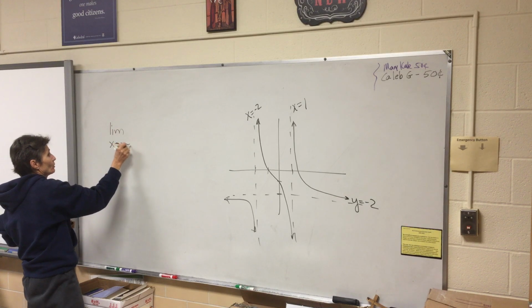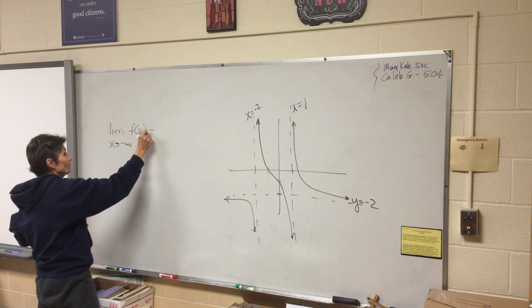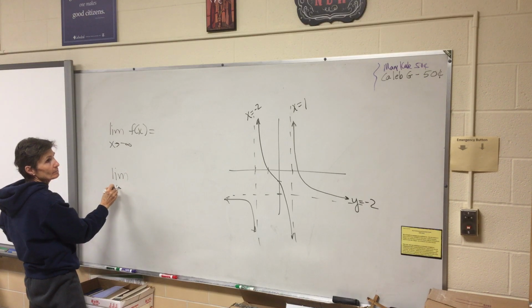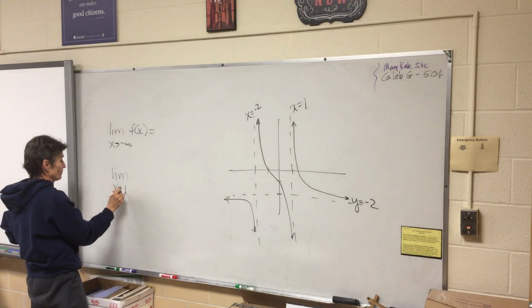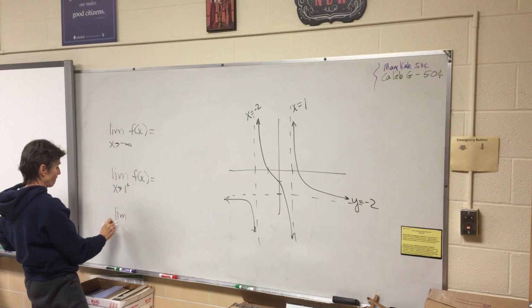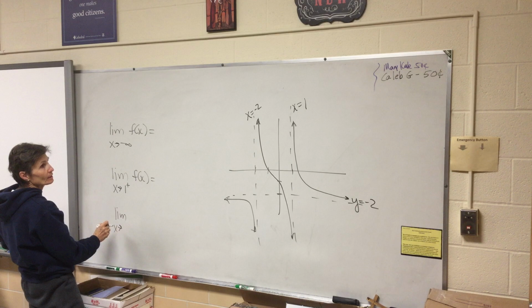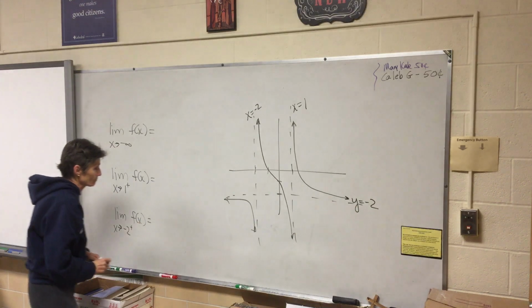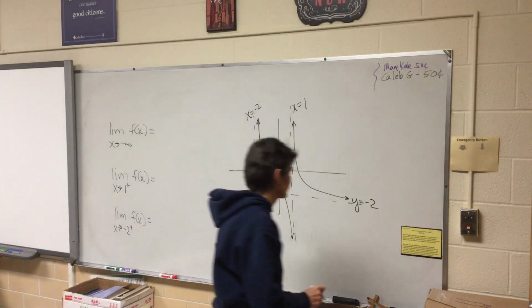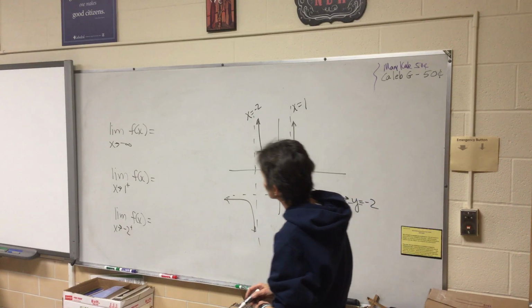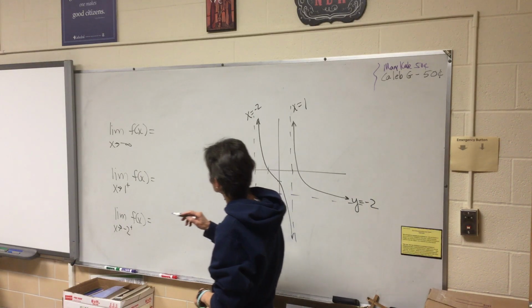So let's say we're going negative infinity. 1 from the right side and negative 2 from the right side. Okay, so please don't make it hard, Jacob. It's so easy. You just look at your picture.